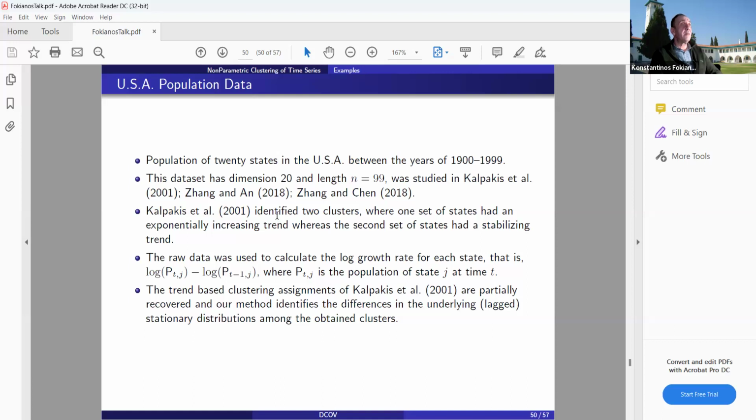What we did was take the raw data and calculate the log growth rate for each state, where P_t^j is the population. We recover this trend-based clustering partially. Of course, our method identifies the difference in the underlying lagged stationary distributions.